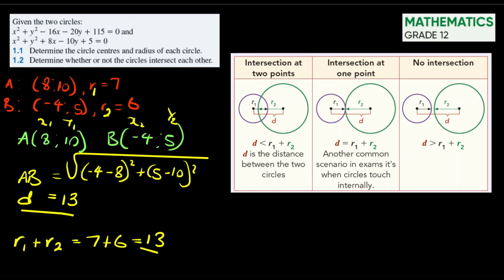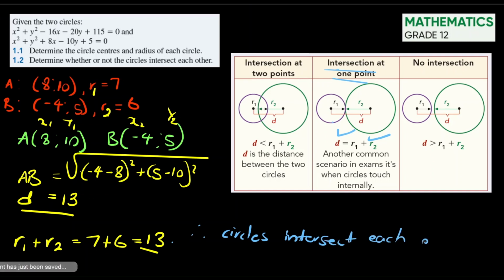Going back to our diagram, the distance of 13 is the same as the sum of R1 plus R2, which means we can safely conclude that the circles intersect at one point. Therefore, the circles intersect each other at one point. Please go through this again so as to understand and remember this table.